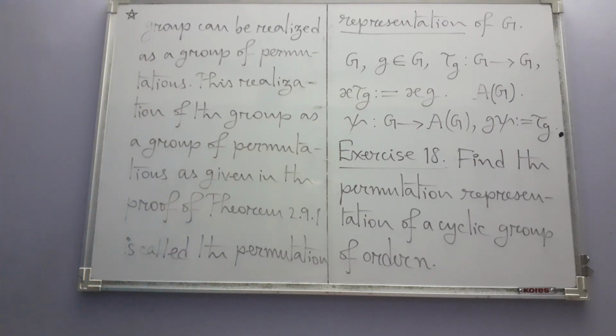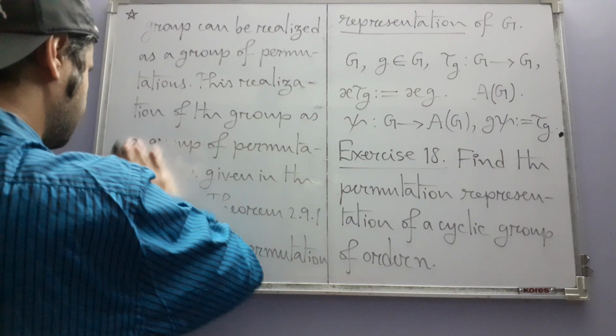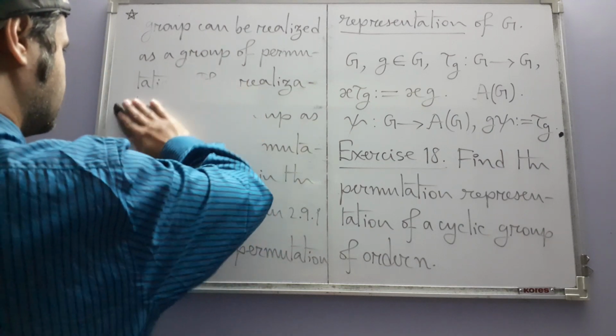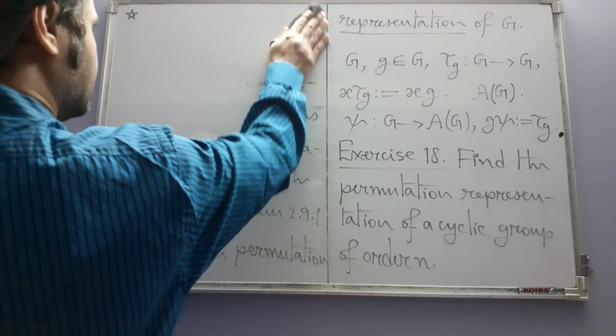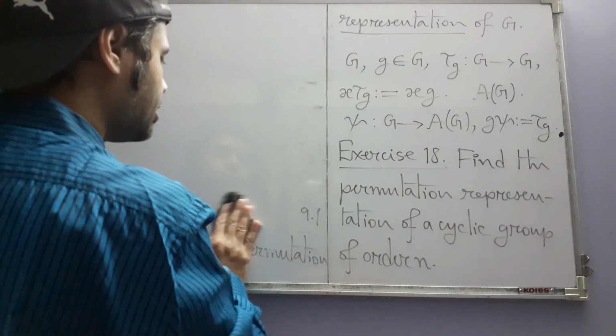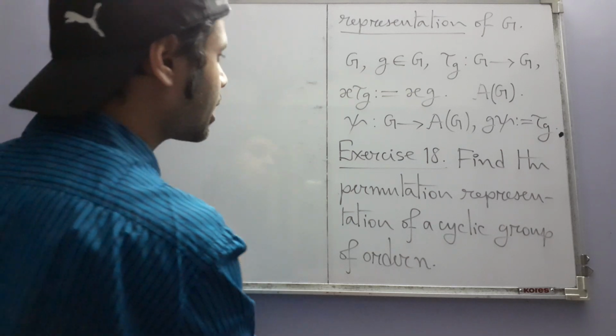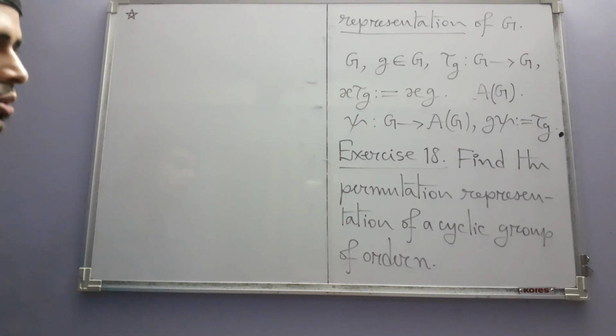So we need to find this. That means we just need to calculate tau g for every element g in our cyclic group. Calculating that is equivalent to calculating this psi. So we will then have our permutation representation.